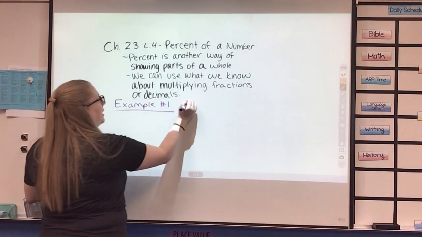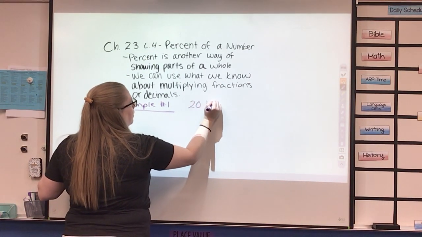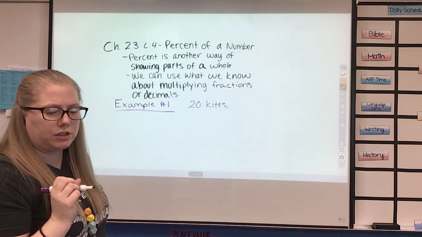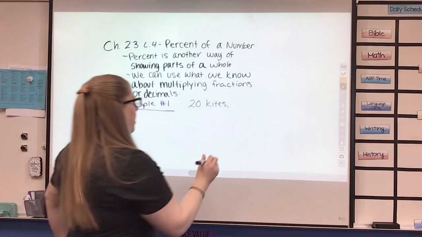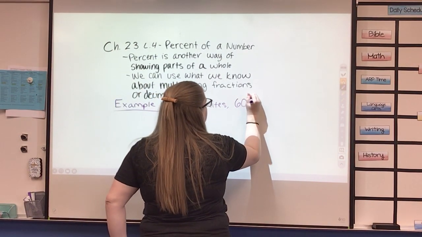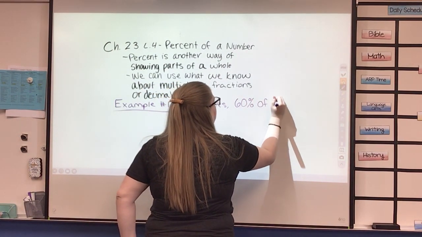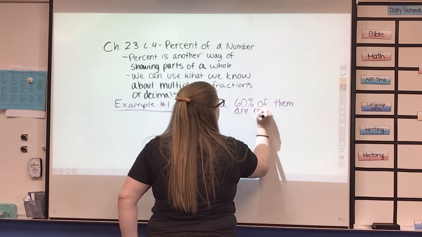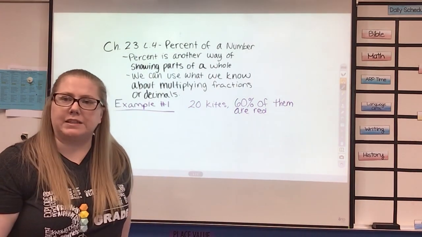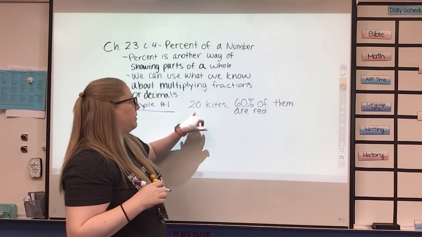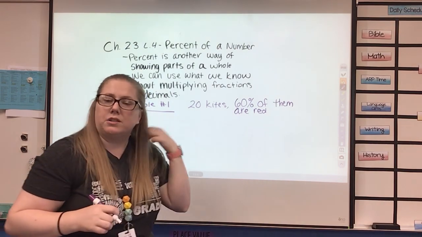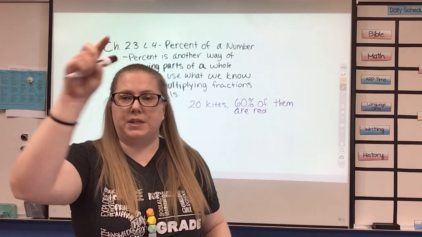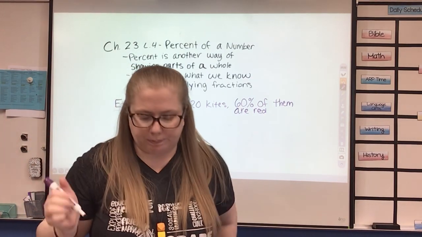So I have 20 kites, and 60% of them are red. So my question is, how many of these 20 kites are red? So if I counted, I would have this many reds. Okay, instead of counting, I'm going to multiply.